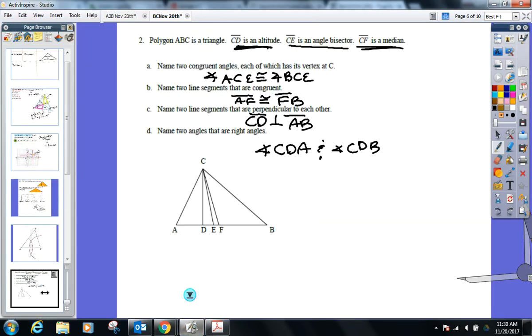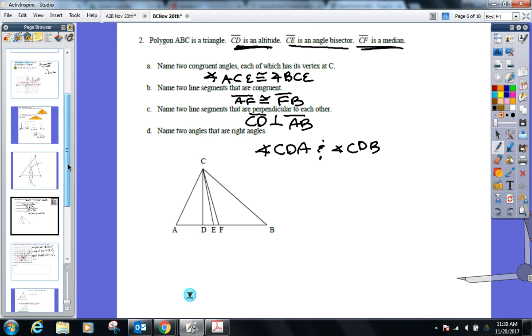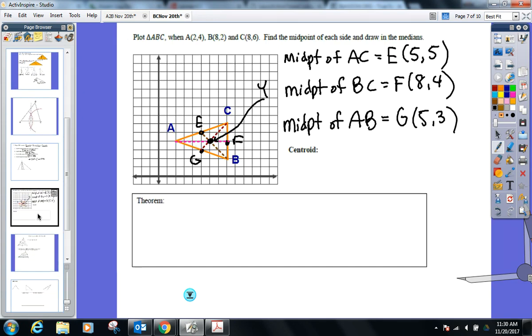But that point of concurrency we just labeled as point Y is known as the, anybody want to pronounce that bad boy? Centroid, yes, centroid is the point of concurrency for the medians.